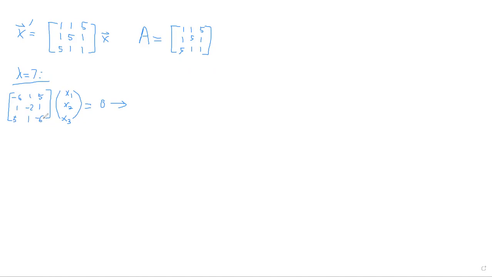Okay, so we have this, and we can just take this A minus I lambda matrix out in the front and do the same manipulation tactics I've been doing for the past two eigenvalues. -6, 1, 5, 1, -2, 1, and 5, 1, -6.